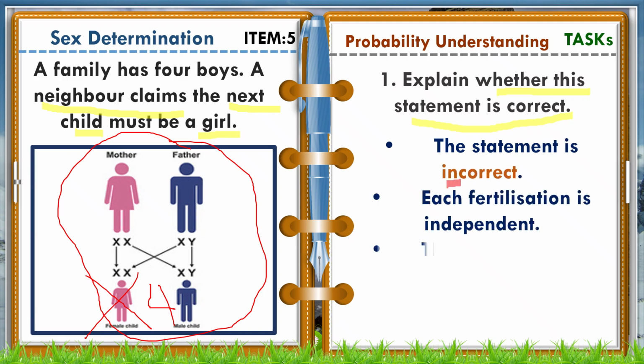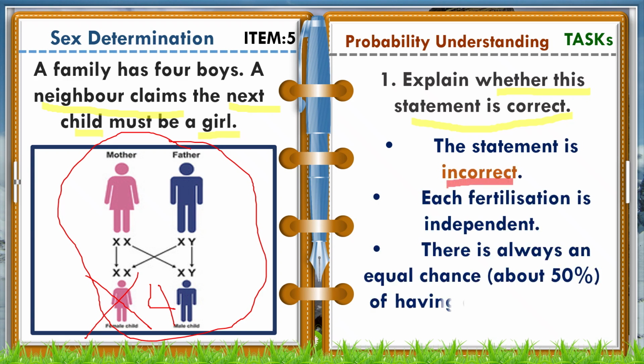The statement is incorrect. Why? Because each fertilization is independent. There is always an equal chance, that is about 50%, of having a boy or having a girl. So it is not automatic that since we have 4 boys, the next one will be a girl.